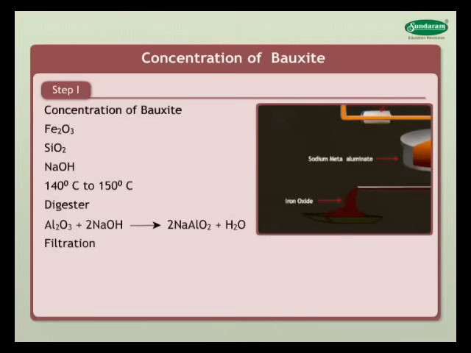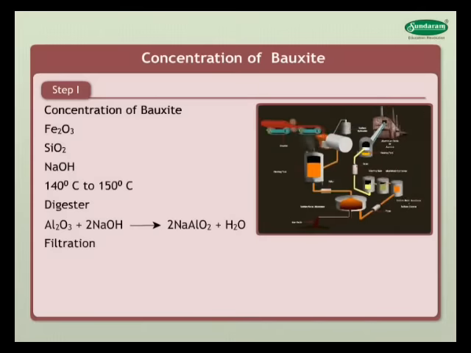The iron oxide in the gangue does not dissolve in aqueous sodium hydroxide and is removed by filtration. However, silica from the gangue dissolves in aqueous sodium hydroxide, forming water-soluble sodium silicate. Diluting sodium aluminate with water and then cooling to 50 degrees Celsius, it is hydrolyzed to give aluminium hydroxide as a precipitate.